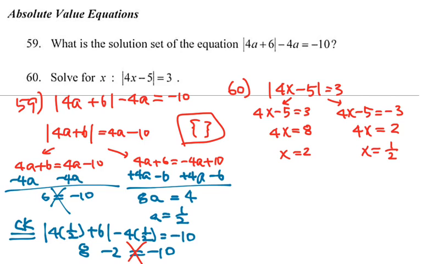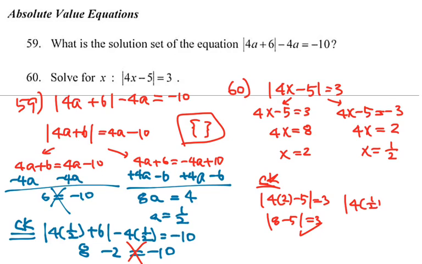Now once again, let's not stop here, but let's check it just to make sure. So when you check the answer, we are plugging 2 in place of x. So here we get 8 minus 5. In fact, is that equal to 3? Yes, it is. Second case, I'm plugging 1/2 in place of x as well.